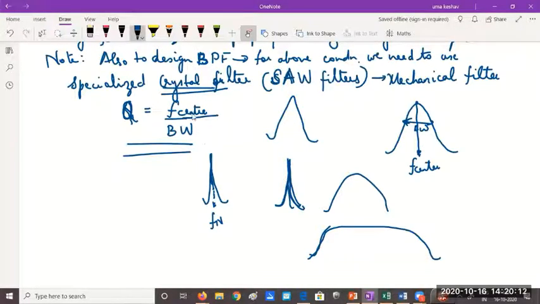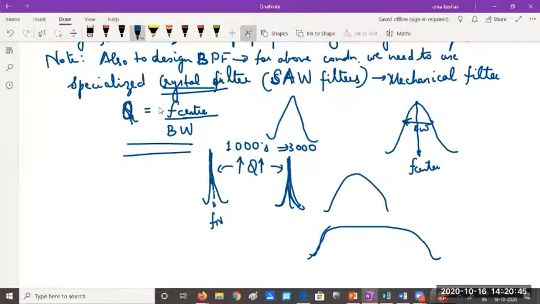So, if this Q factor value is very high, then it would give you this kind of response. Whenever the Q value, the quality factor, is very high, you are going to get a narrow bandwidth or almost one which will filter one single frequency if possible. And the range of Q for this is somewhere in the thousands, 1000 to 3000 I can say.